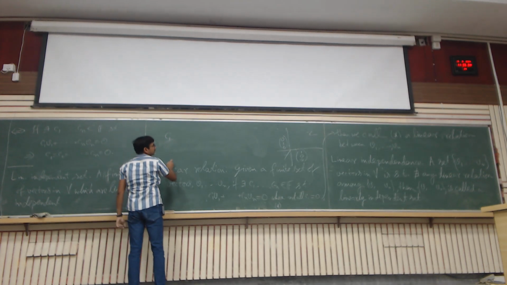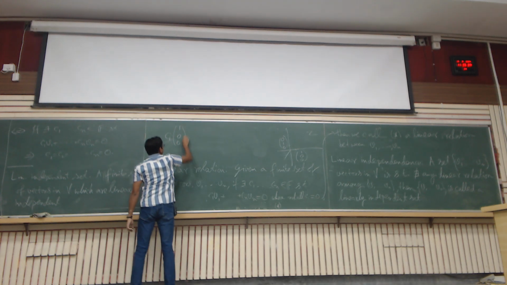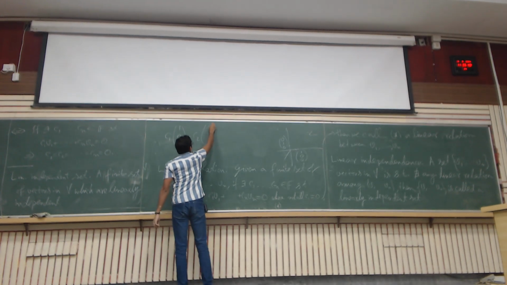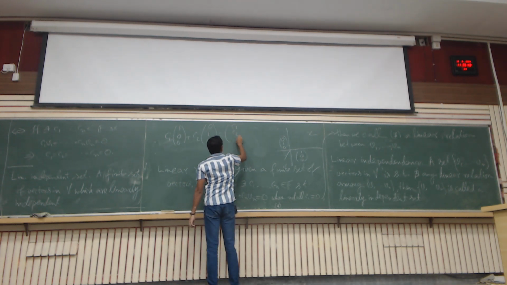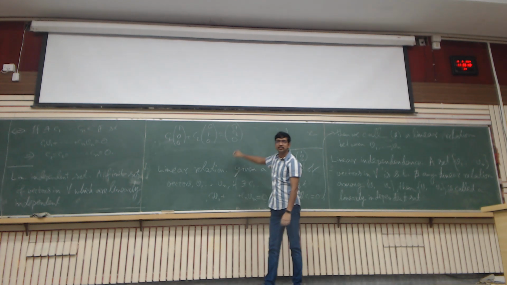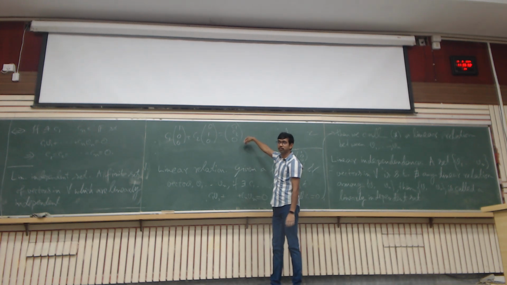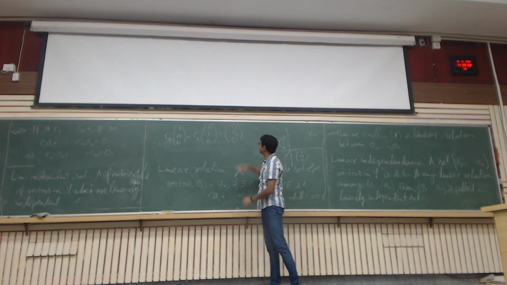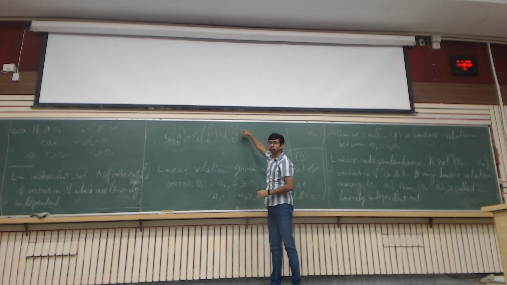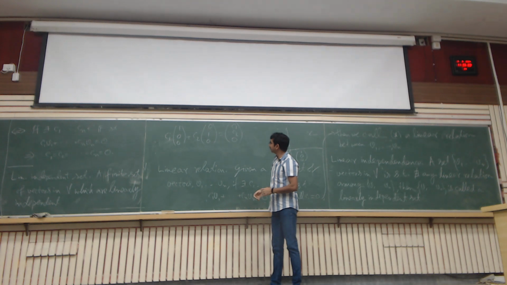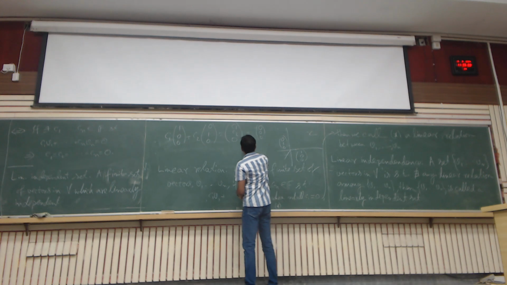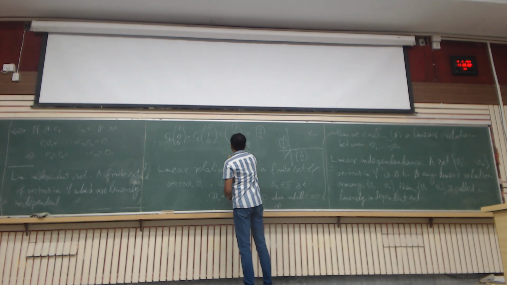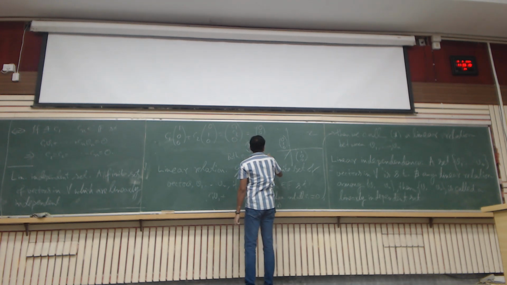C1 times 1, 0, 0, plus C2 times 0, 1, 0, and that is basically just C1, C2, 0. For such a thing to be equal to the 0 vector, both C1 and C2 have to be 0. That would be if and only if both C1 and C2 are 0.